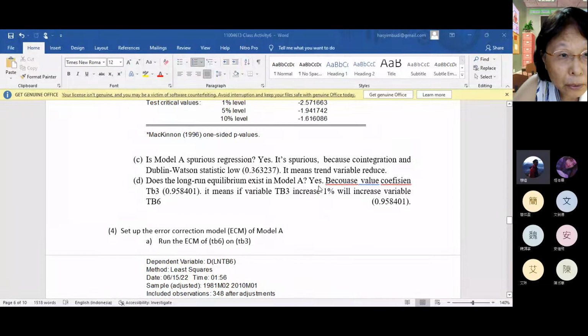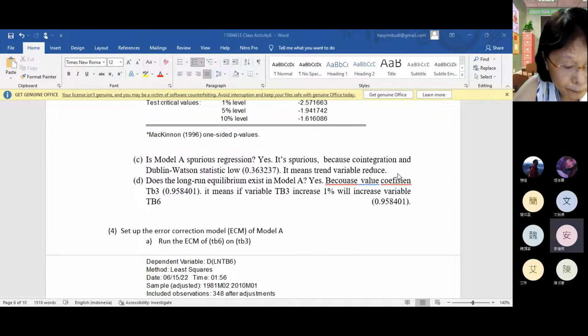So Moody, is your C answer correct? Oh, not spurious. Sorry. No, it's spurious.